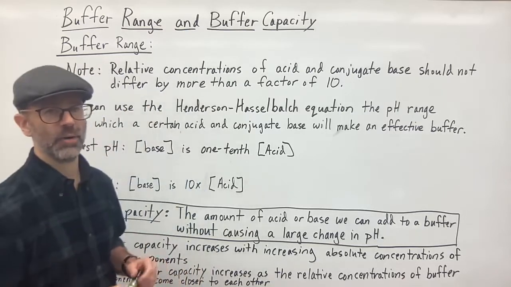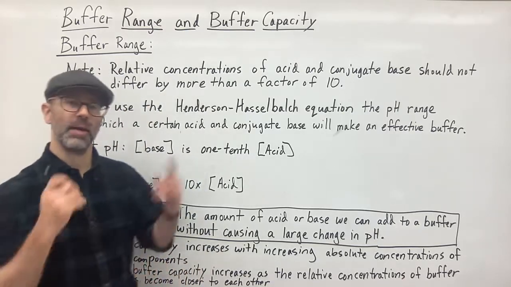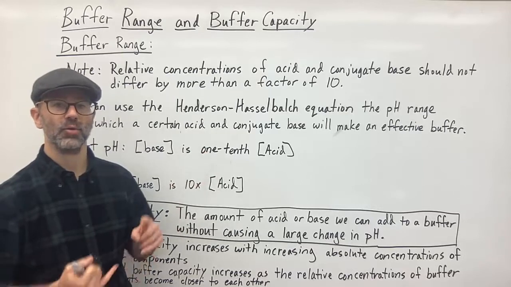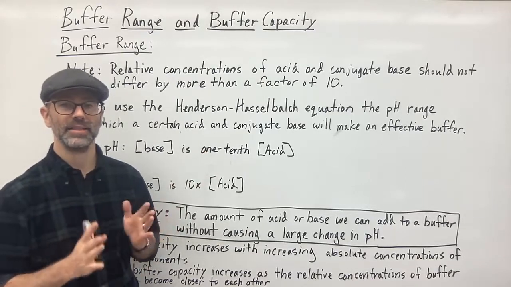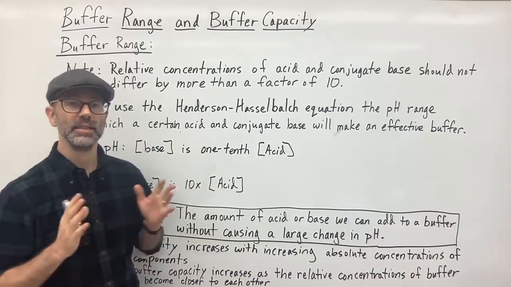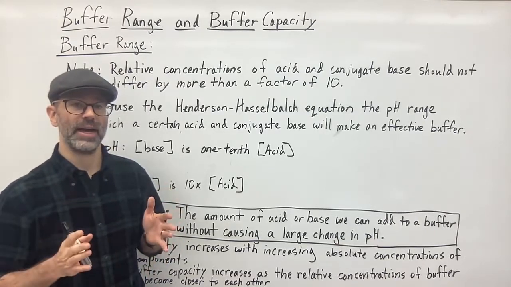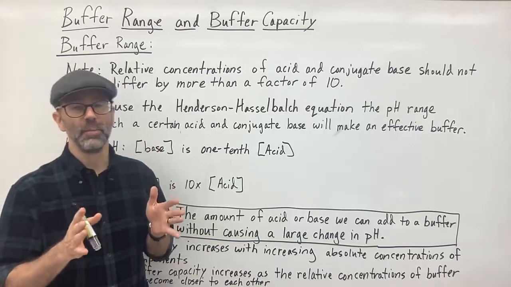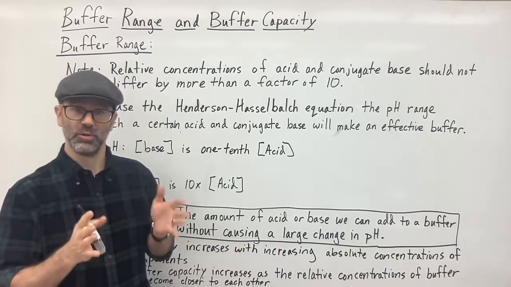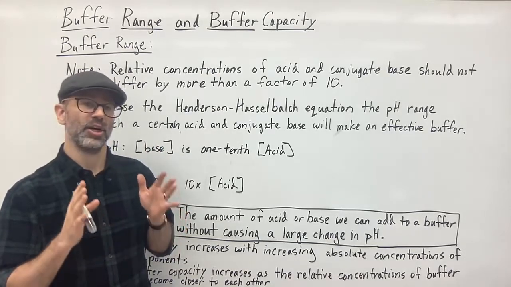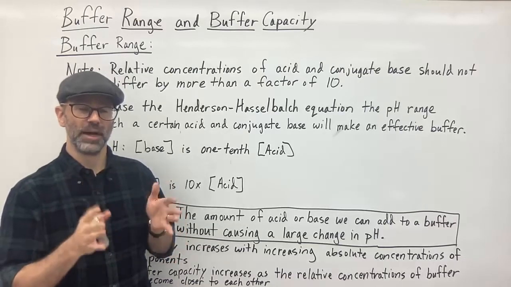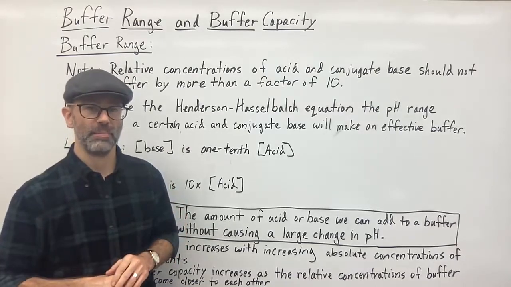The first thing I want to note is that in a previous video we learned that the relative concentrations of an acid and conjugate base are important for buffer capacity. If the relative amounts of your acid and conjugate base are equal to each other, then you're going to get the best buffer capacity or effectiveness for that buffer.